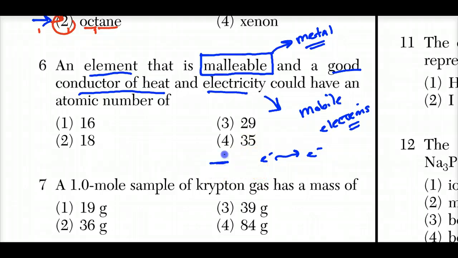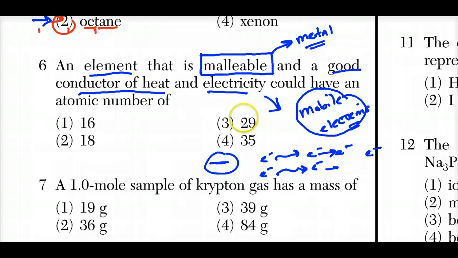So if I put a negative charge here, and you've got a bunch of electrons in your compound, these electrons have to be able to move to repel other electrons. And these would move, and therefore charge would be conducted across the object. So you have to have free moving electrons, and free moving electrons are from elements that hold on to them loosely. And metals, by all of these hints, are what you're looking for.